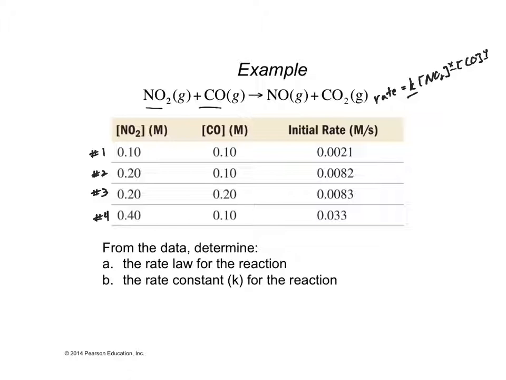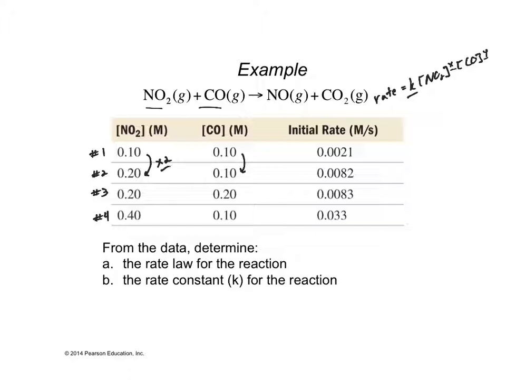So if I look at experiment 2 versus experiment 1, what do I do to the concentration of NO2? I double it, right? What happens to CO? What have I done in those experiments? I've held it constant, right? So if CO had some influence on the rate of the reaction, it wouldn't actually manifest itself here because it's the same for both of these reactions, okay?